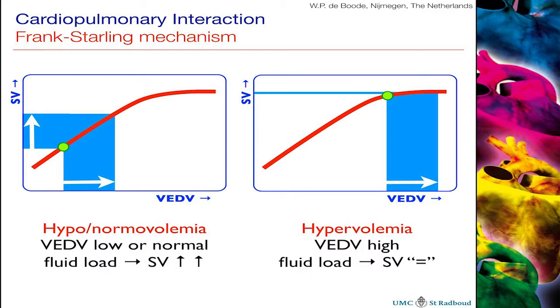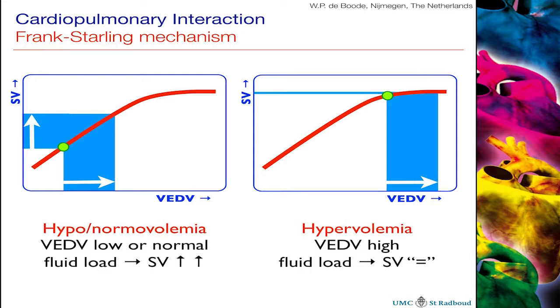Let's see, in the hypovolemic or the normovolemic patients, ventricular end-diastolic volume is low. When you increase preload, there will be a large change in stroke volume, so there will be a large variation in arterial blood pressure.